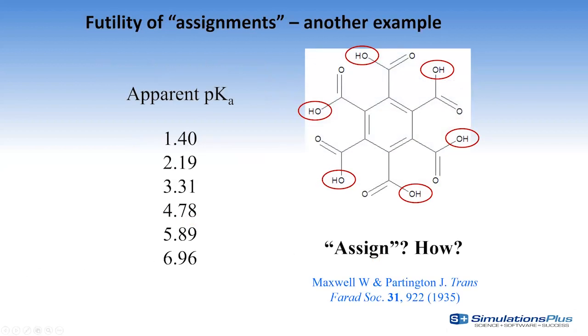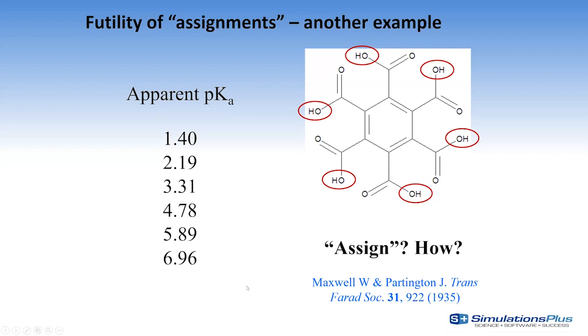By the same token, here's another example, which is a bit more advanced. Mellitic acid. It's a benzene ring with 6 carboxylic groups. Each of the 6 apparent pKa's was dutifully measured by those authors in 1935. They differ by over 5 orders of magnitude.